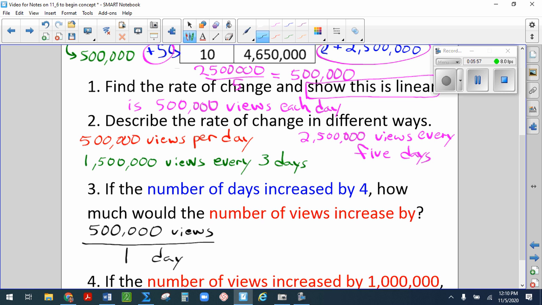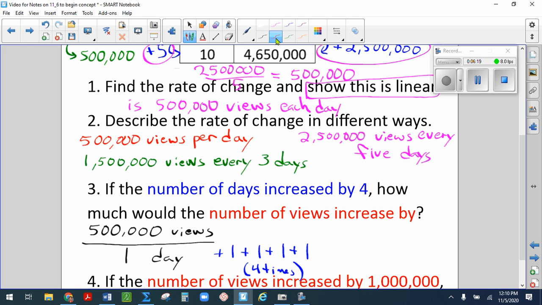And if I increase the number of days by 4, that's going to be plus 1, plus 1, plus 1, plus 1, 4 times.